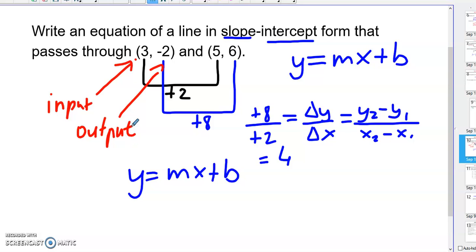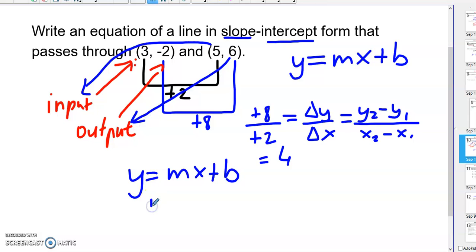So if you think of these as linear functions, that is our input and that is the output. And the same goes here. The 5 is an input and the 6 is an output.